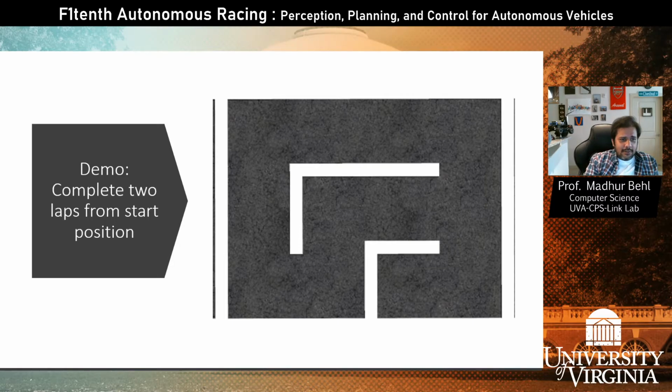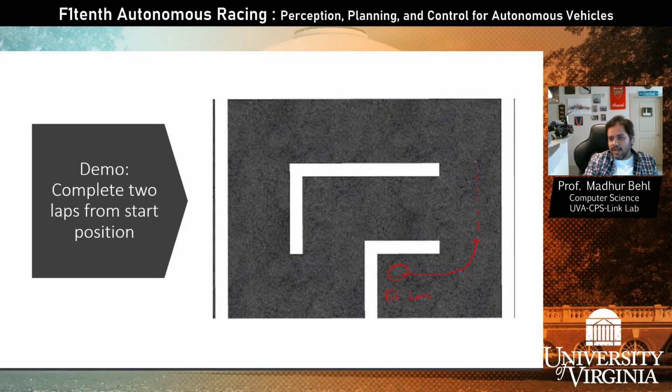Okay, so what you have to demo is the following. Remember, in the simulator, your car starts somewhere over here in the pit lane, or paddock area. You will begin your demo in such a way that the car moves out, makes this left turn, and keeps going straight, even though there's a gap here.